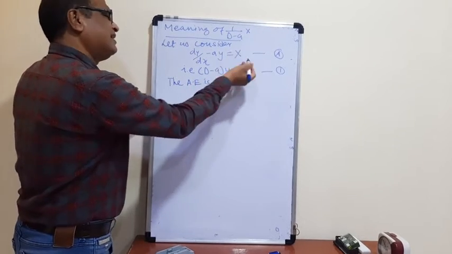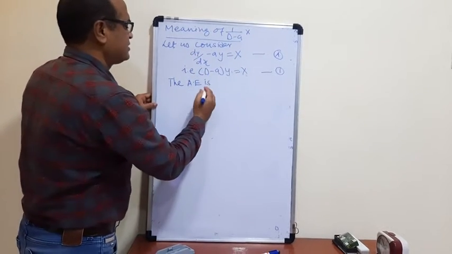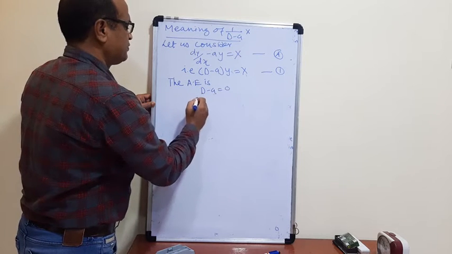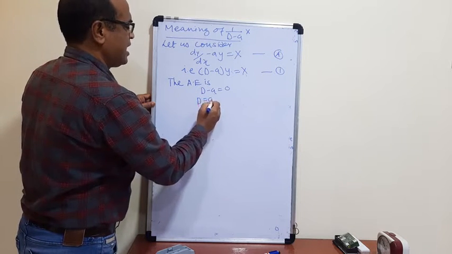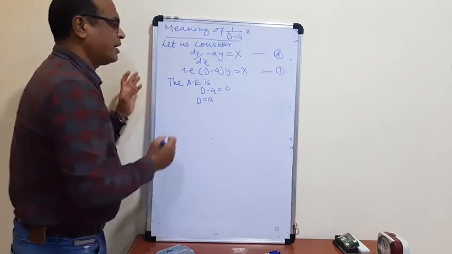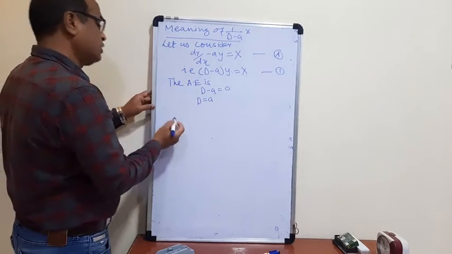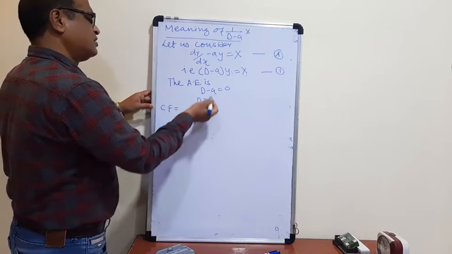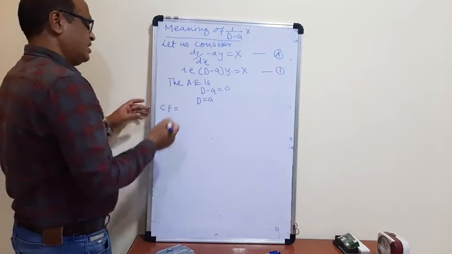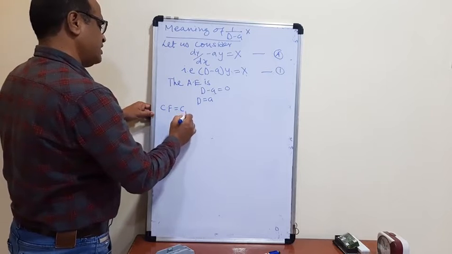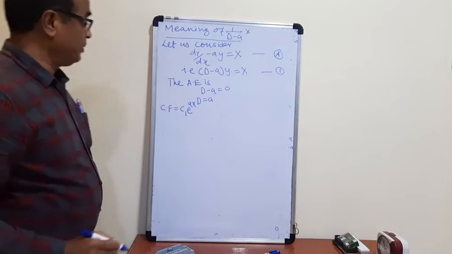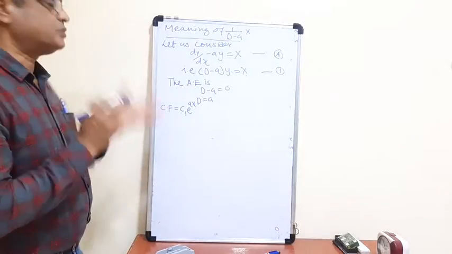We consider X equal to 0 to find the auxiliary equation. So D minus a is equal to 0, so D is equal to a, which is the root. Therefore the complementary function is CF equals C1 e raised to ax, one part of the solution.